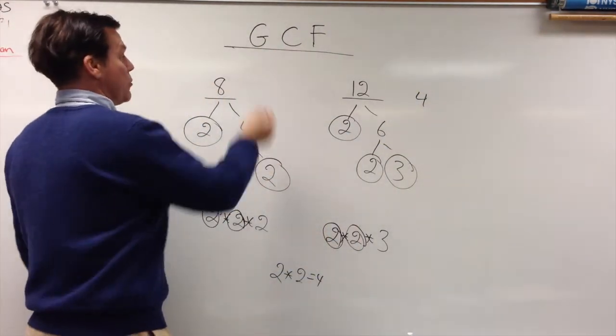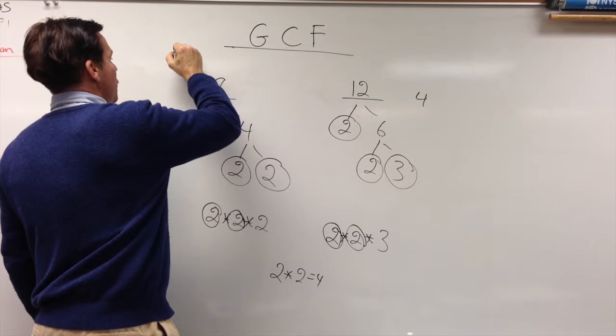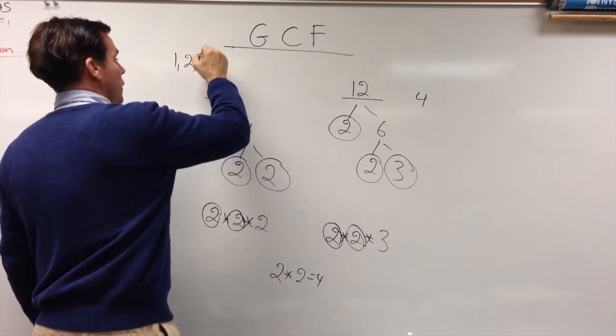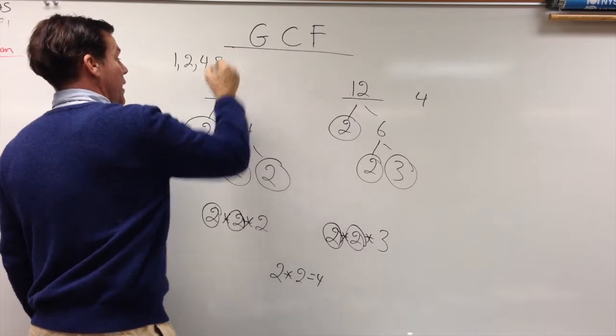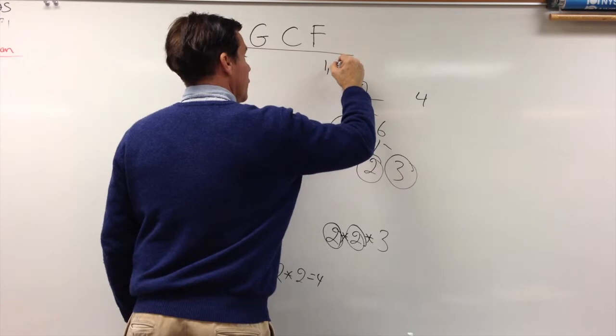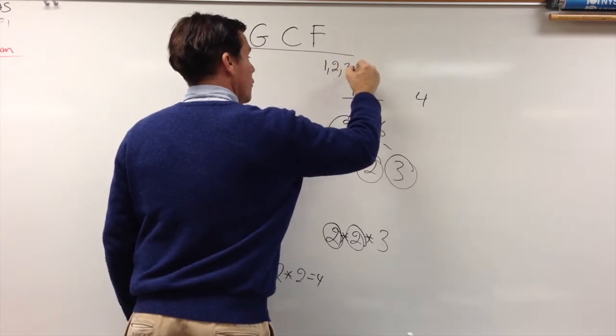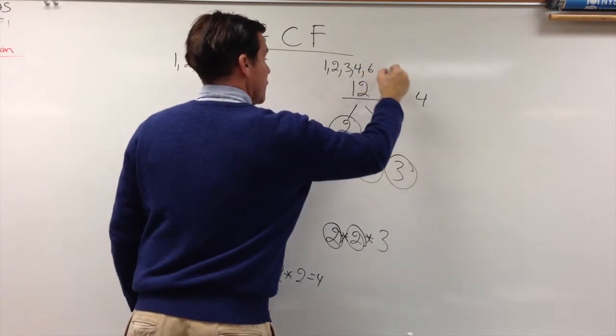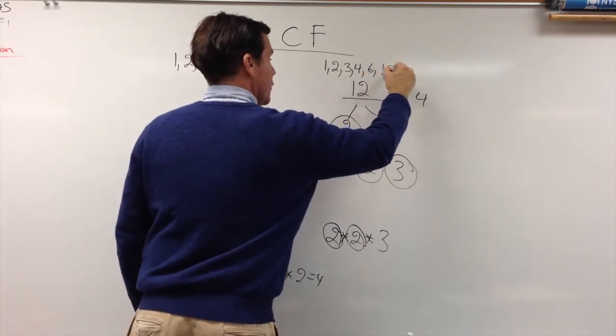Now, if we do the factors of 8, we know the factors of 8 are 1, 2, 4, and 8. The factors of 12 are 1, 2, 3, 4, 6, and 12.